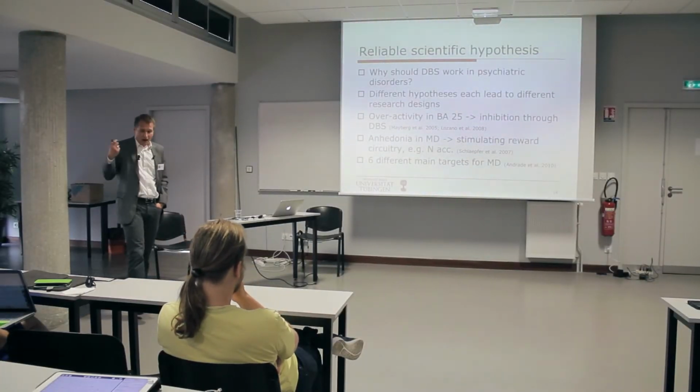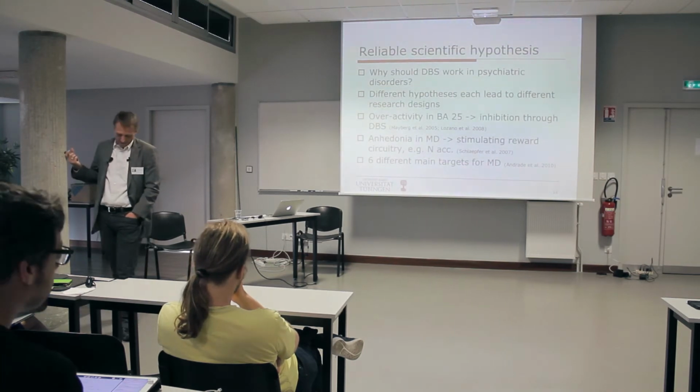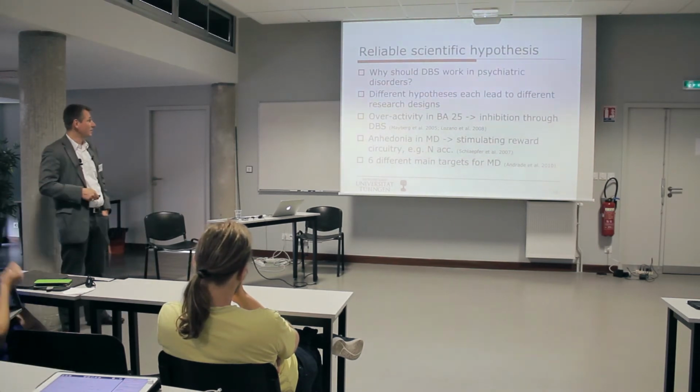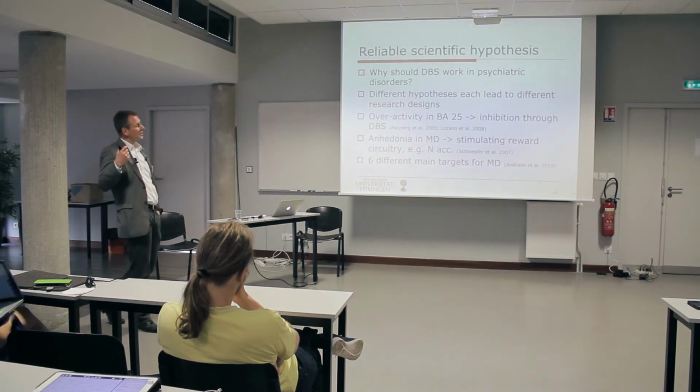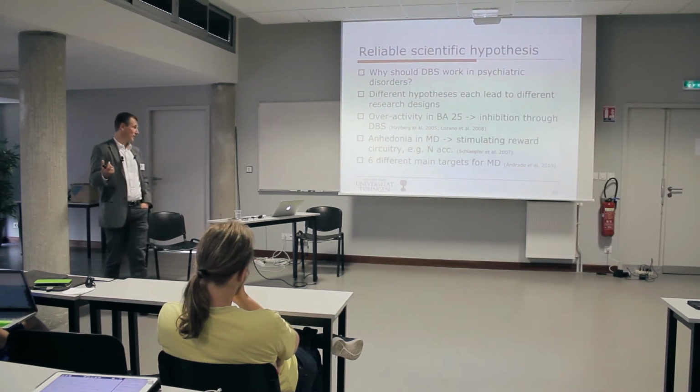Others say anhedonia is a major symptom in major depression, so we should stimulate the reward circuit, which is the nucleus accumbens, and which was addressed by Schlaepfer and others meanwhile.